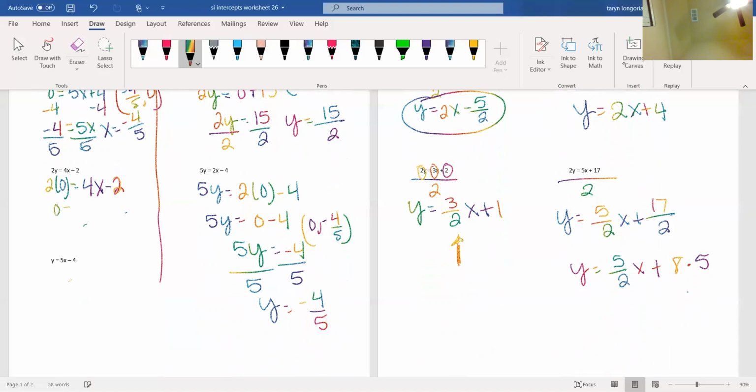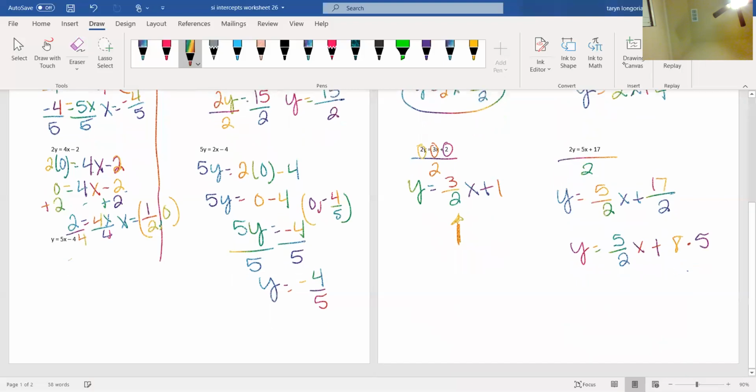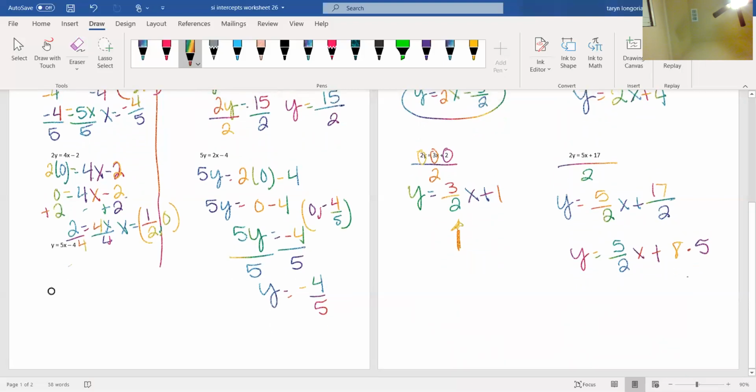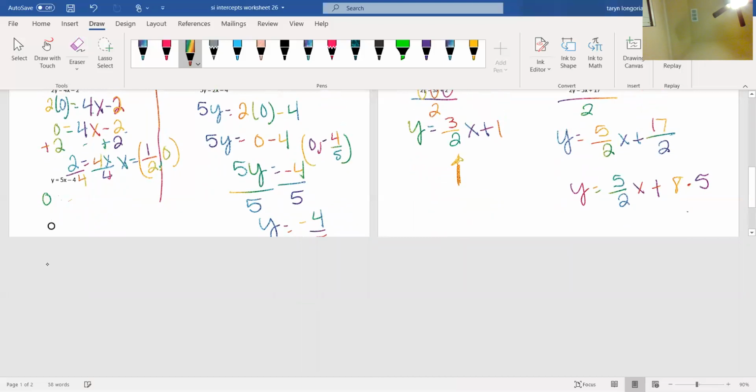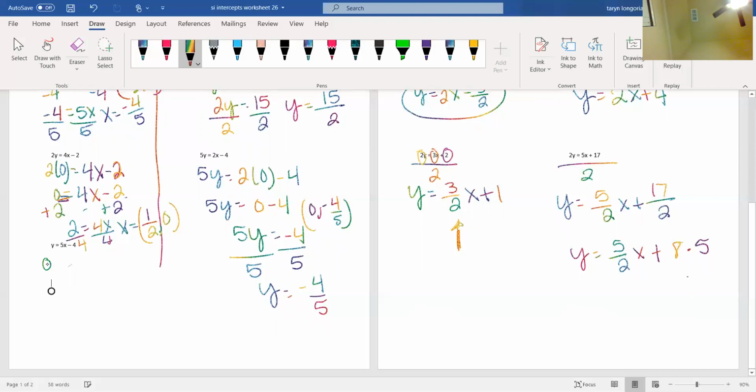Now 0 equals 4x minus 2. Add 2 to both sides to get x. So then that is 2 equals 4x, divided by 4, and that will simplify down to a half. And for the last one, we have 0 equals 5x minus 4.